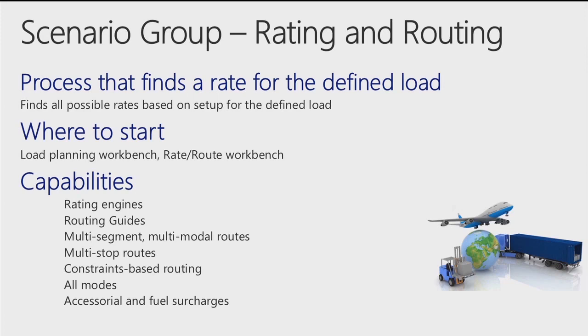But they can also be of a more complex nature, where we set up a rating engine that has several sub-engines, where one of them would find the mileage necessary for the process, another one would apportion the weight or the volume, and then a third one would calculate the rate based on the findings from the other two engines.